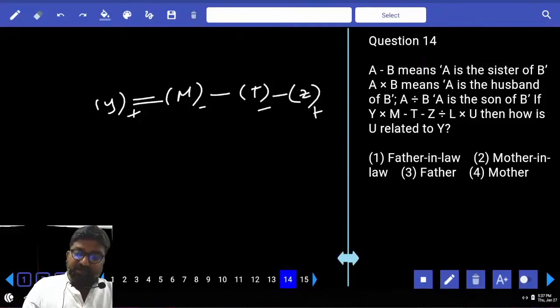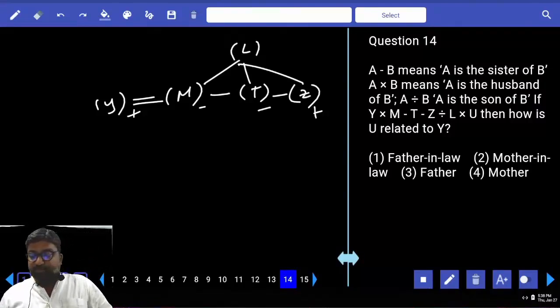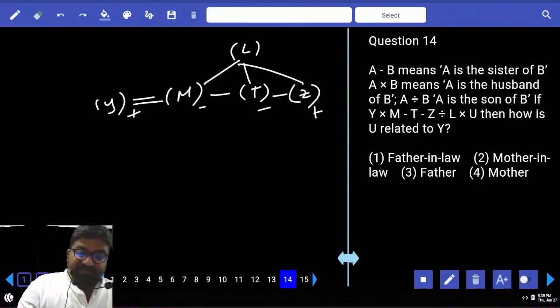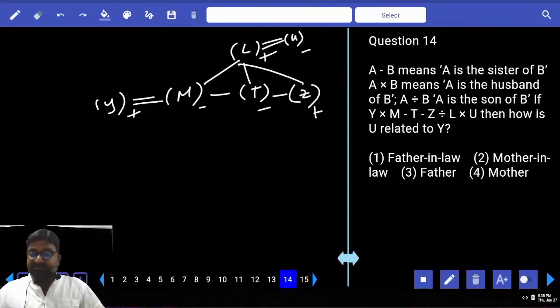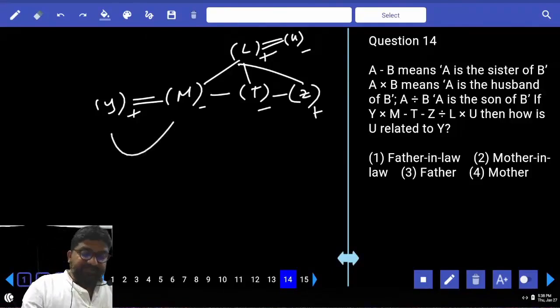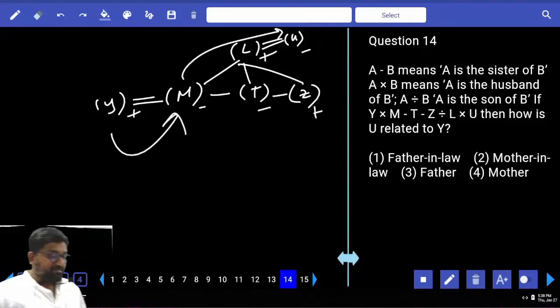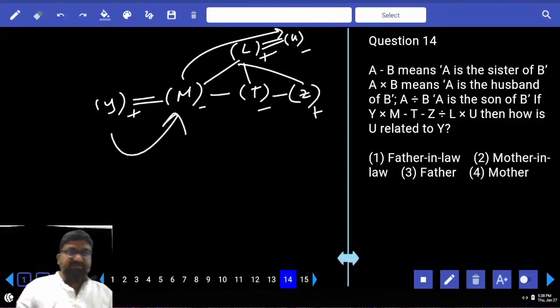Z is the son of L. L is the parent of all the three, M, T, Z, because they are all siblings. That's it, right? Next, read. L into U. L is the husband of U. What's the question here? How is U related to Y? U related to Y. Y's wife. Wife's mother. What do you call wife's mother as? Mother-in-law. Is this clear?